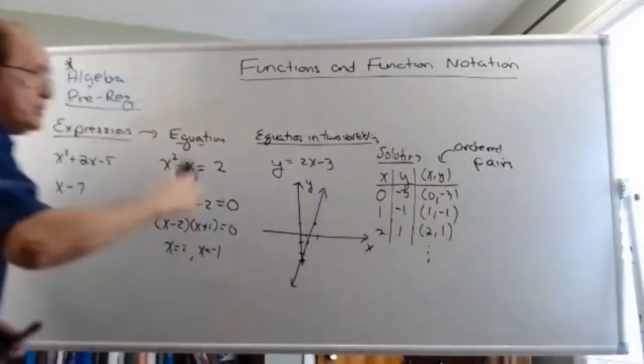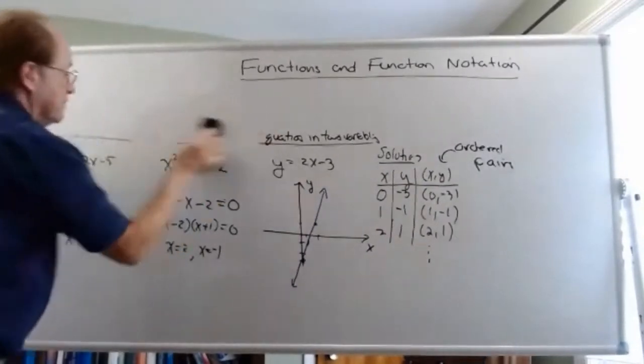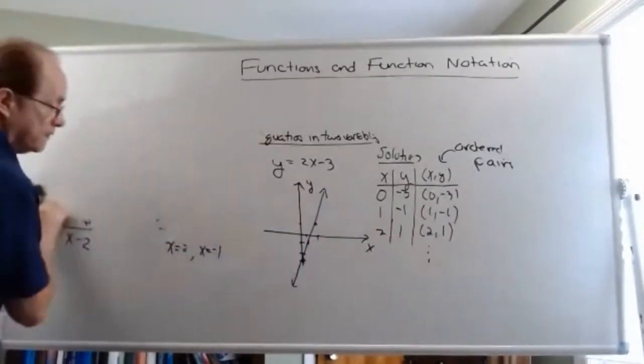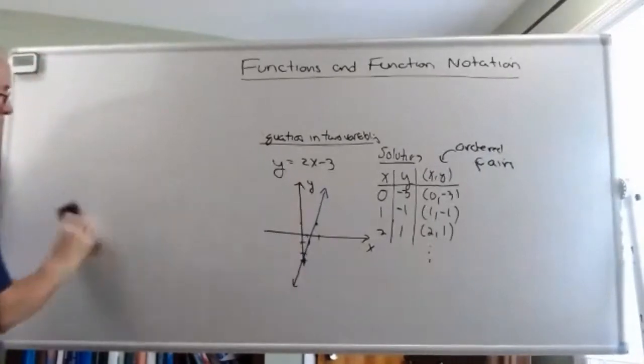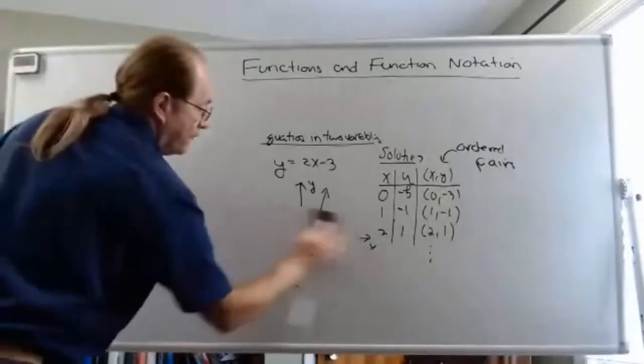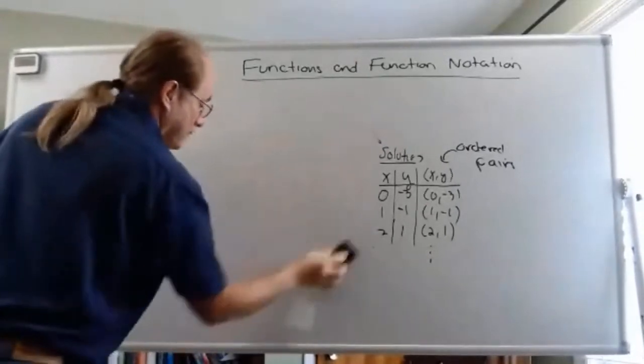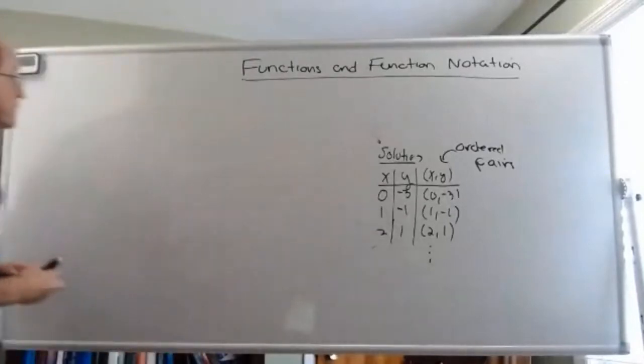Okay. In general, we have what we call a relation. And this is how we're going to define it. We're going to use our first definition over here. And here's our definition.